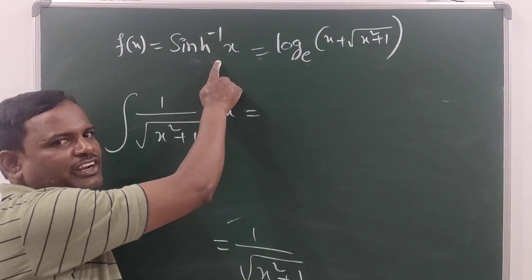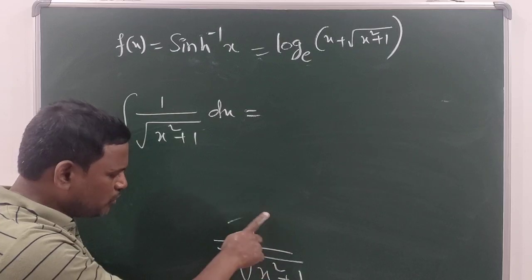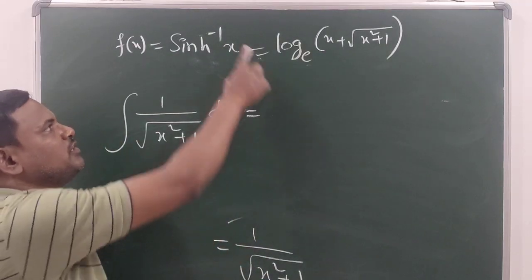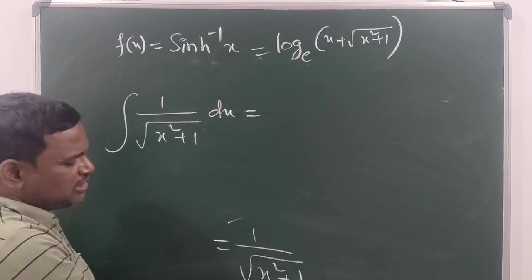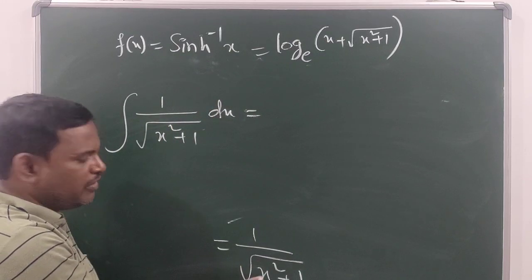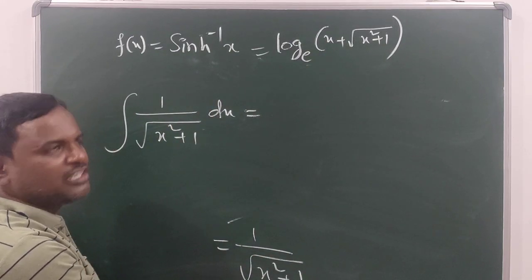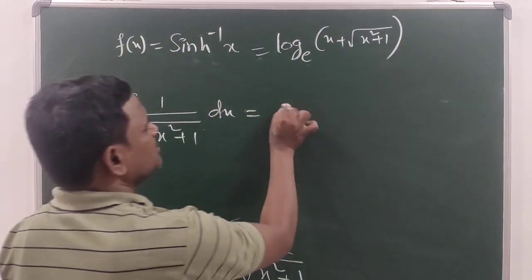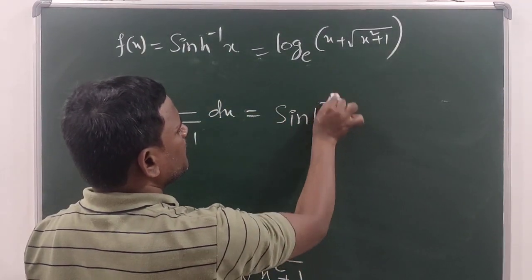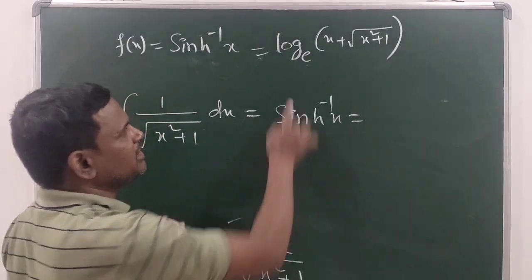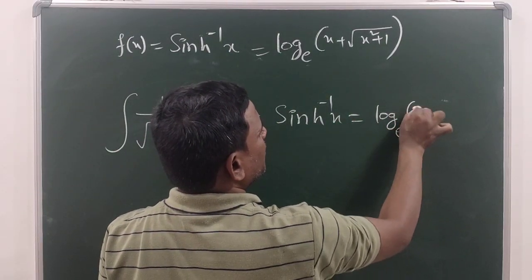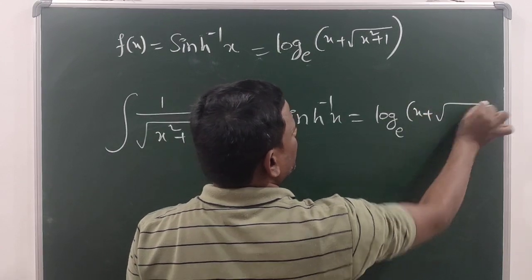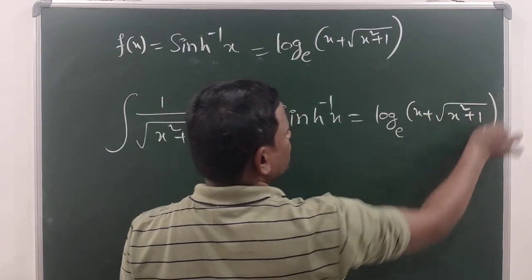This we have differentiated and you got this. When you find its integration, you will get this. The derivative of this is 1 by root of x square plus 1. When you find the integration of this, you will get sinh inverse of x. Otherwise, it can be written as log of x plus root of x square plus 1.